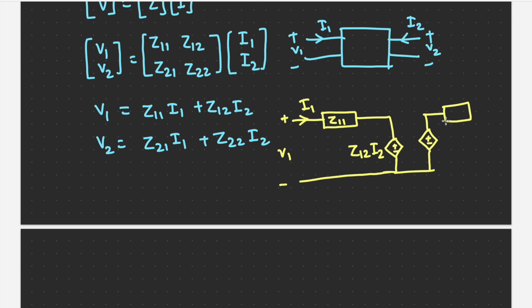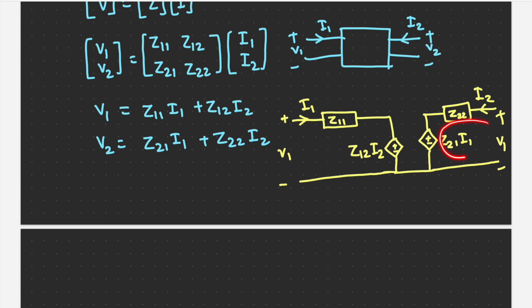So it will be Z22, and through this I2 current is flowing. This dependent voltage source is Z21 I1 and voltage across this is V2. So you can see, if I write KVL for this loop, it will be minus V1 plus Z11 I1 plus Z12 I2, so you will get the first equation.